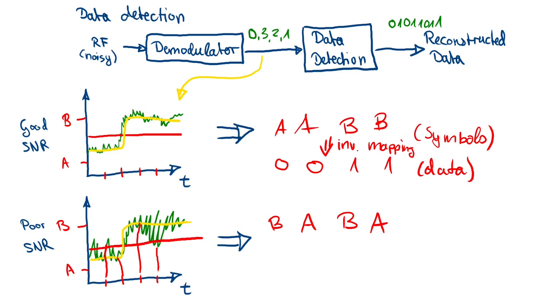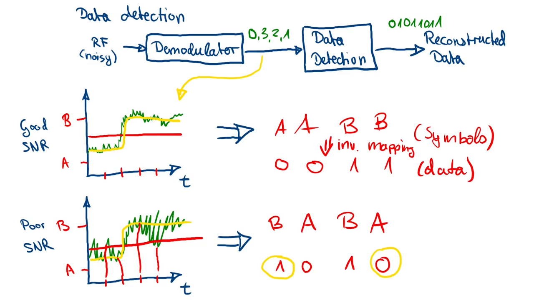And now we do the inverse mapping. This becomes this data stream. So you see that there are a lot of errors here in the decoded data stream. So this is an error, and no, this is not an error, but the last one is an error here. And this is just because of the poor signal to noise ratio.